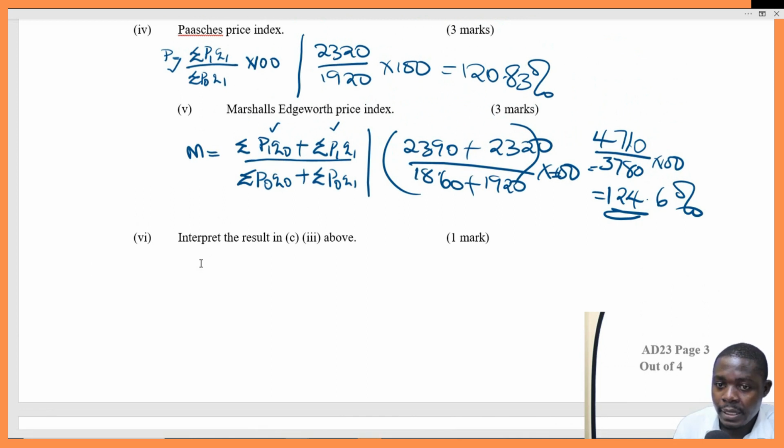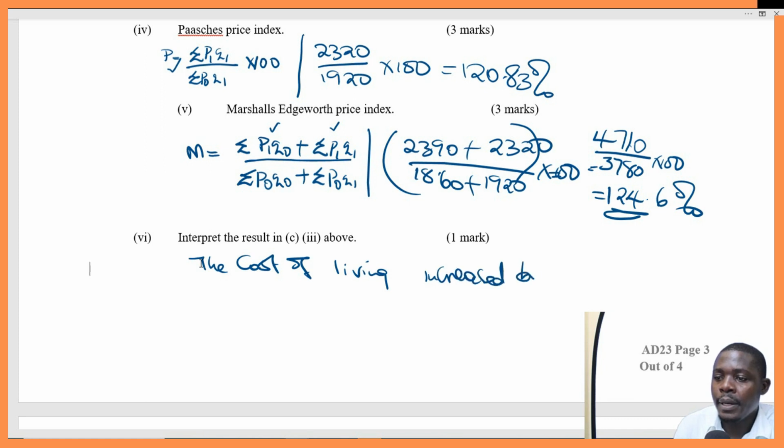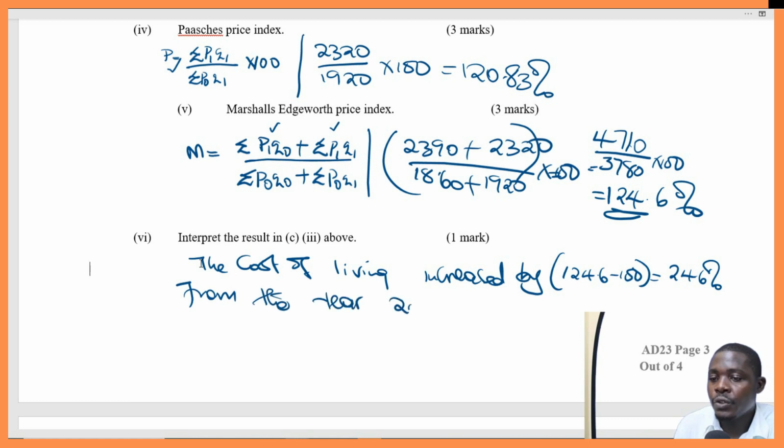We can just say that the cost of living increased by, in this case we have 124.6 minus 100, get 24.6%, increased by 24.6% from the year 2020 to the year 2021.